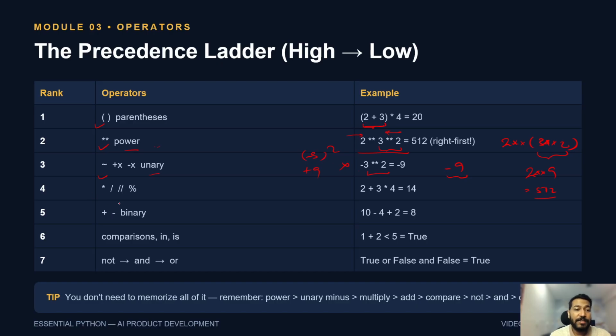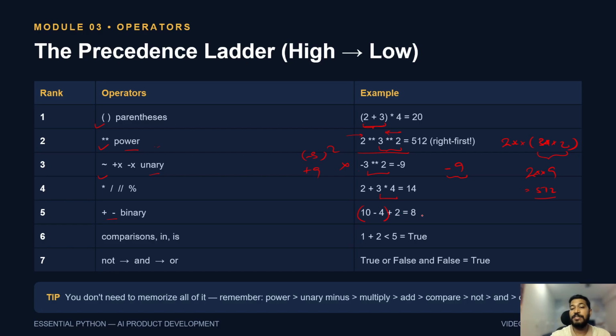Here, if you look at this operator, this is multiplication, division, floor division, or modulo operator. This is how we get the preference: we will perform this multiplication first, followed by this addition. So it is 12 plus 2, 14. Then this plus minus binary operation. Underneath, it is going to convert it like 10 minus 4 plus 2.